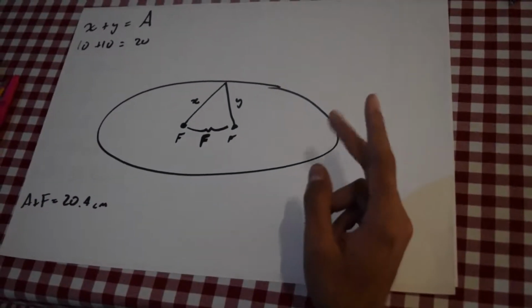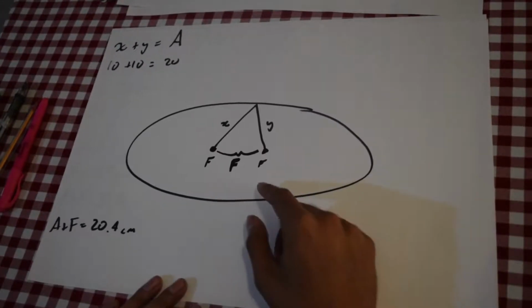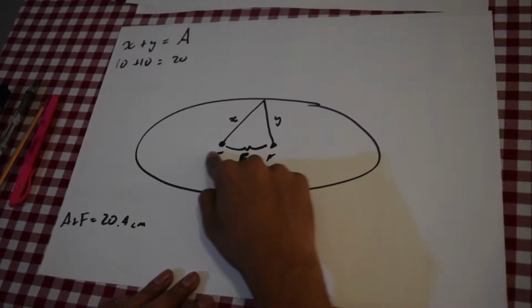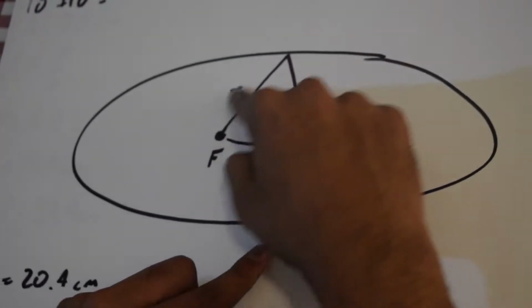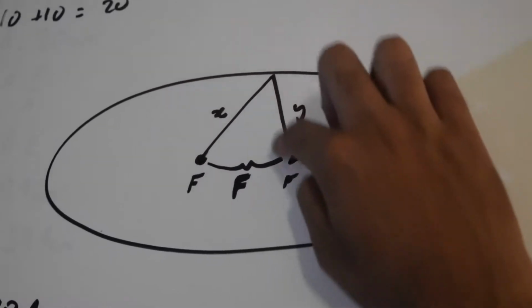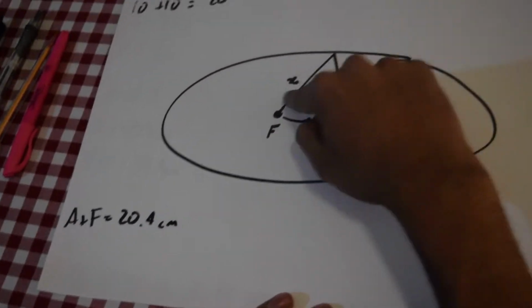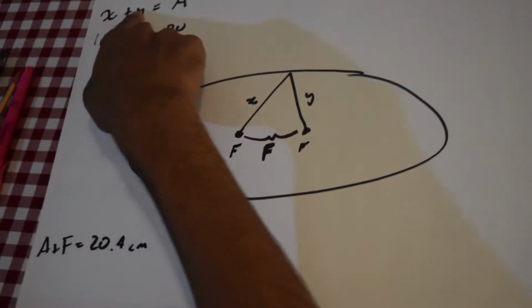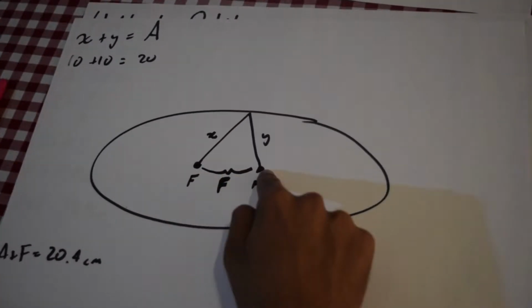However, we don't have to do 2 knots. We can just do one by adding this value of F right here. And with this whole one, we just need 1 knot with a string of a length of 20.4 centimeters, because we have X and Y. X plus Y would be A, right? And then we have F, which is 0.4.